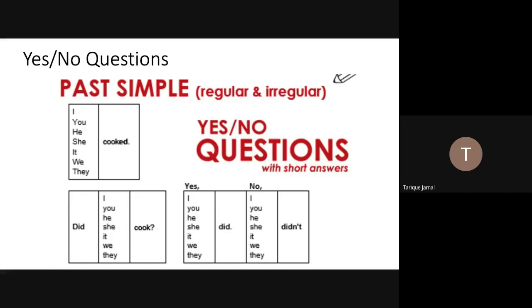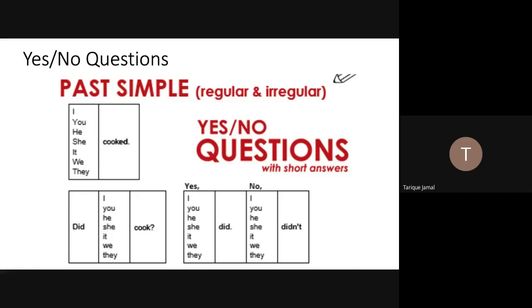So what to think here? I want you all to think about what we are actually trying to do here. Look at the chart, the second chart on the left side. Look, did I cook? So did is what, past, right? So cook is the base verb now.